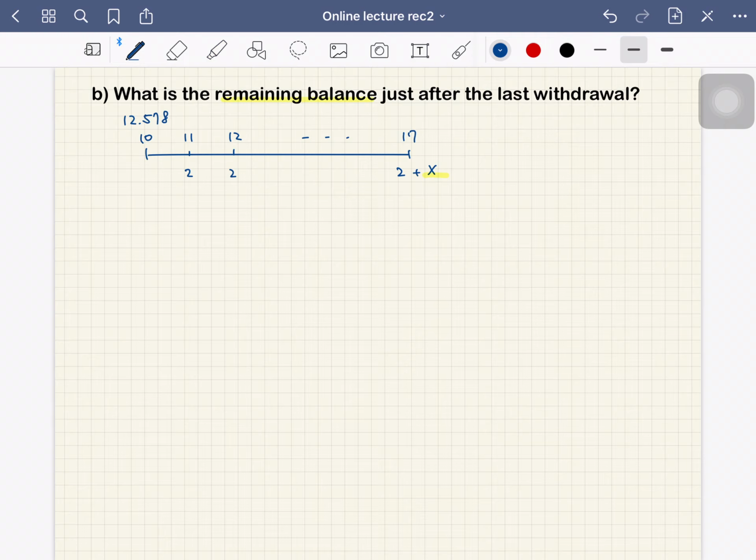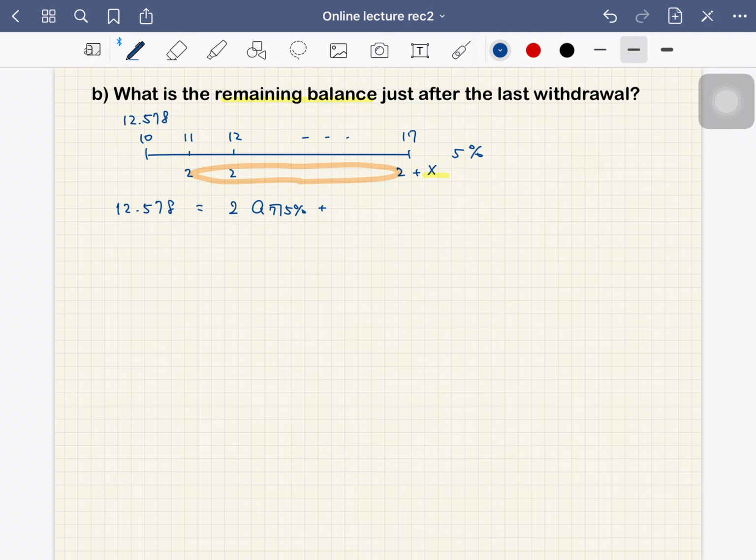So how to solve this? This 12.578 is equal to an annuity with 7 payments of $2 at 5%. So this is equal to 2 times a angle 7 at 5% plus the present value of x.